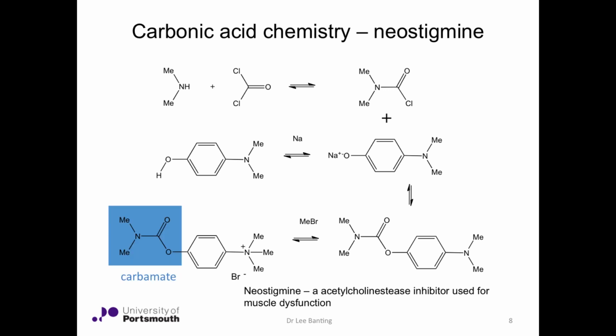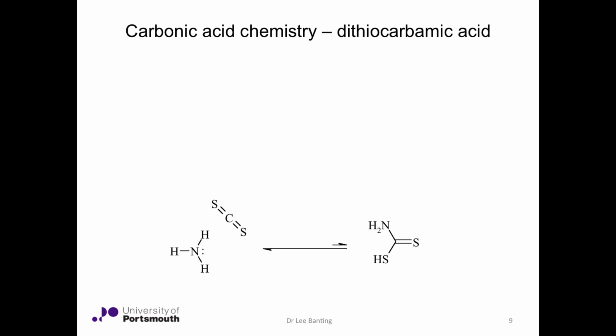And that has a carbamate functionality in it. Just to show you that we can ring the changes on the chemistry and introduce sulfur into systems. We don't have to have oxygen in carbamic acid systems, or as we've seen in ureas, etc. We can introduce sulfur.